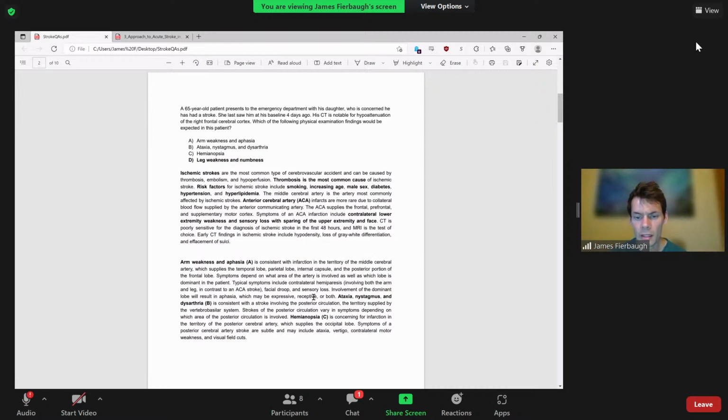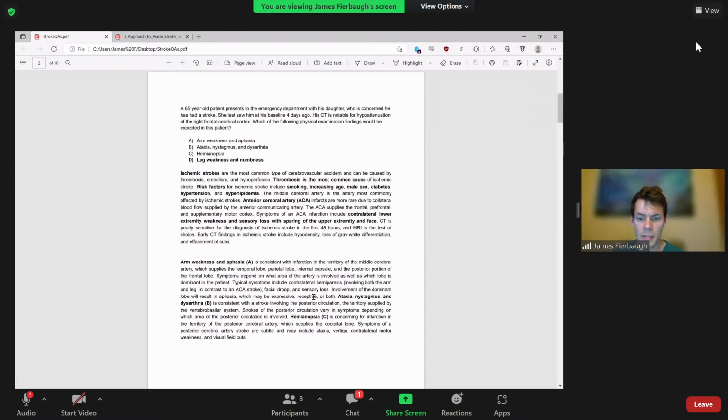In an MCA, or middle cerebral artery distribution stroke, we would anticipate seeing additional findings, such as upper extremity weakness, such as arm weakness, and potentially aphasia, depending on whether it's the dominant or non-dominant hemisphere. Ataxia, nystagmus, and dysarthria are most commonly seen in posterior circulation strokes, so the PCA or basilar artery distributions.